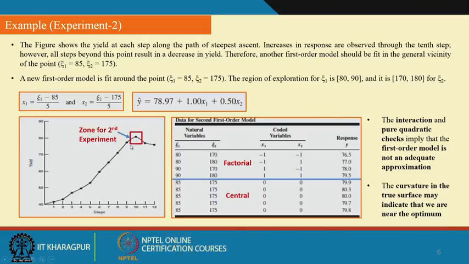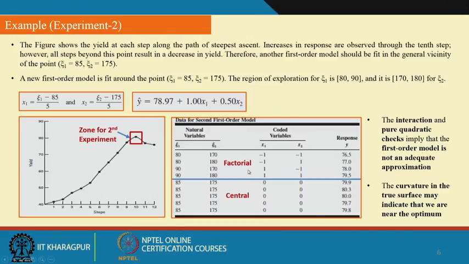So this is 170, 180, this one is 90, 170, this one is 80, 180 and 90, 180, and this is 85, 175, with reference to this diagram, not the x and y axes. We adopted factorial and central points here.